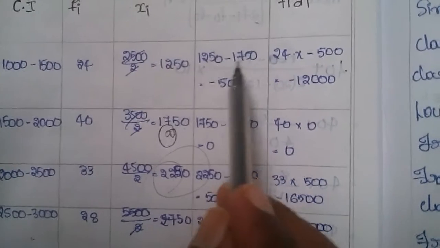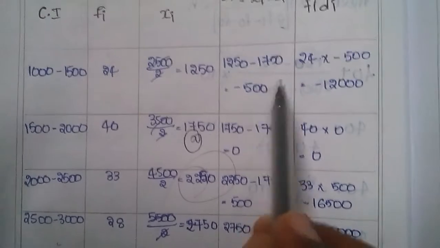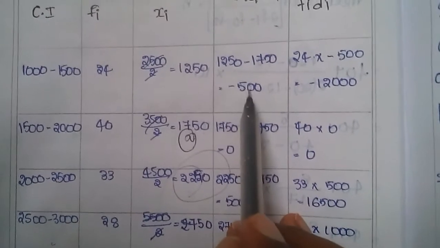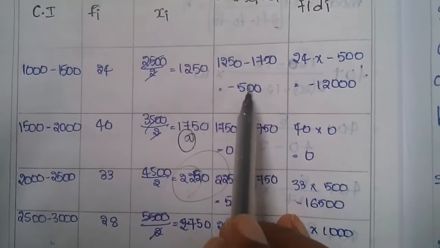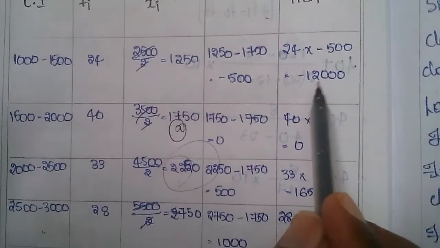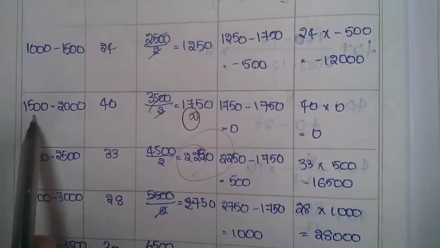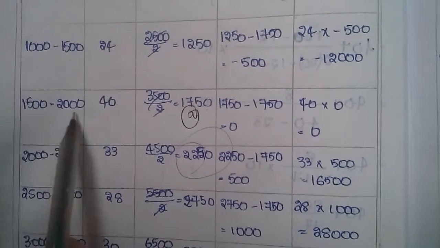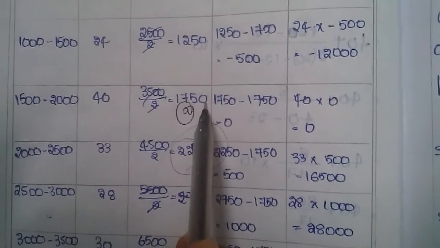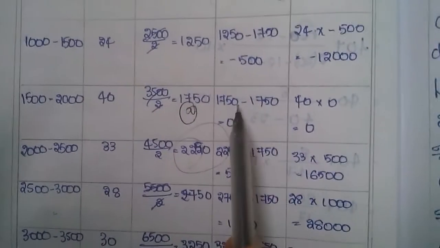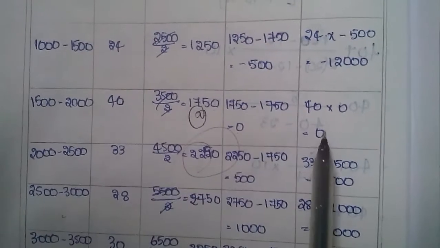So 1250 minus 1750 will get minus 500. Minus 500 into 24, I'll get minus 12,000. Second one: 1500 plus 2000 is 3500, divided by 2 is 1750. 1750 minus 1750 is 0. 0 into 40 will get 0.